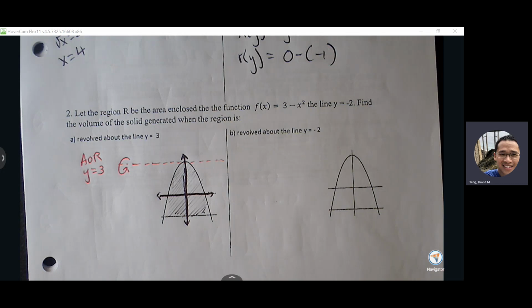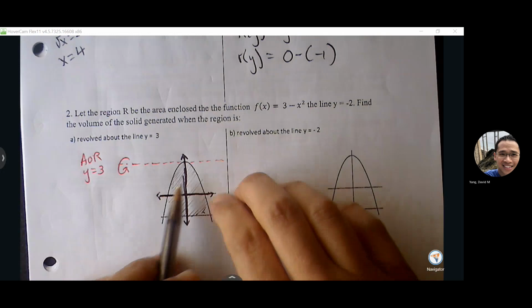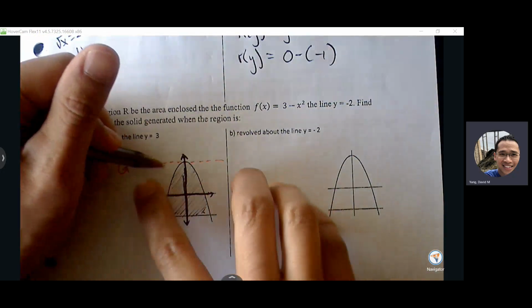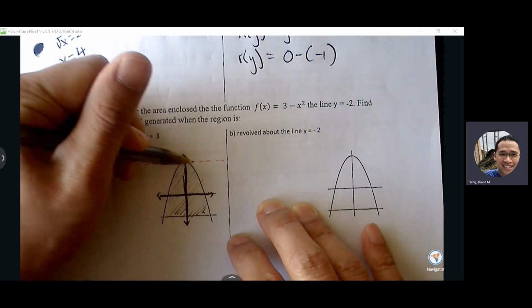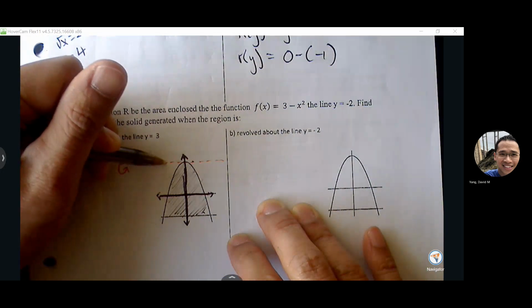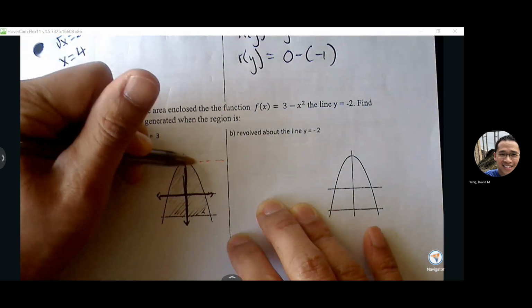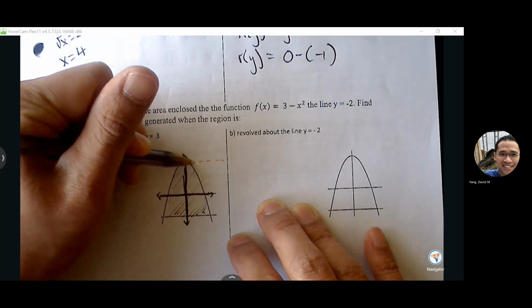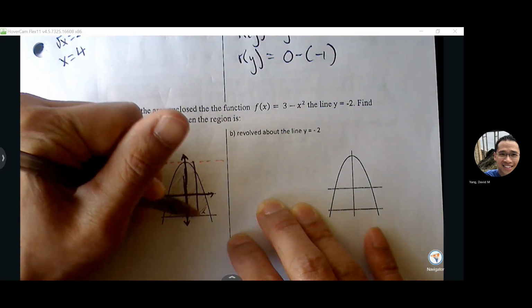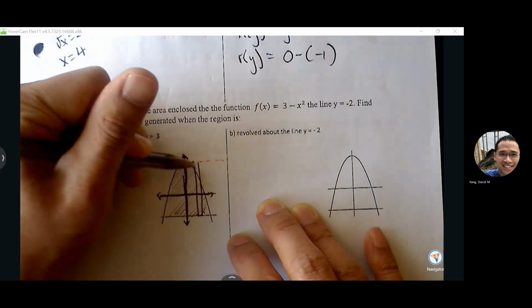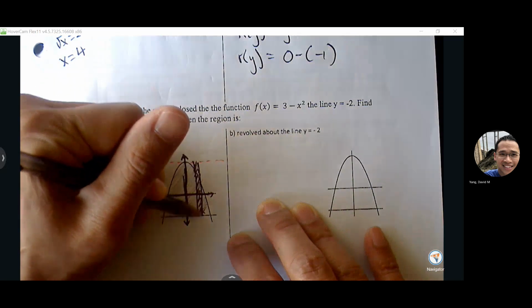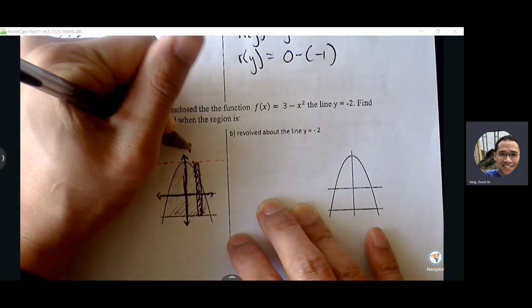The middle is going to be slightly touching. All right, so we're going to extend from our axis to our furthest boundary. That I'm going to call big radius.